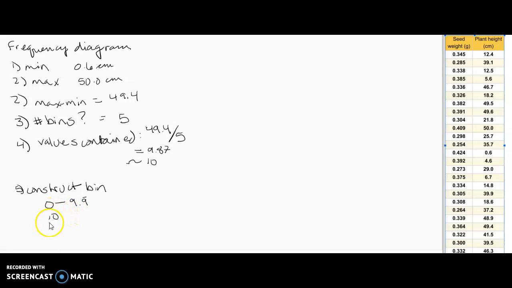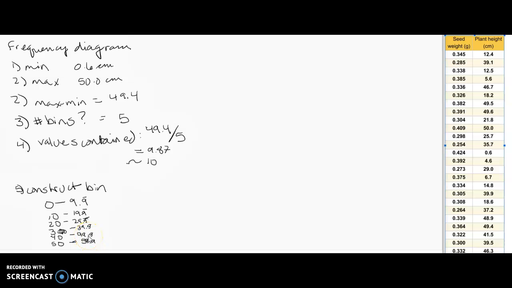So 0, 10, 20, 30, 40, and 50 are my bins, and that will be 10 to 19.9999, 20 to 29.999, and so on, to 39 to 49, and then to 59. Okay, so those are my bins.